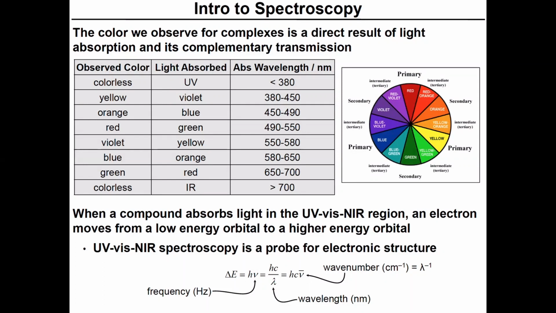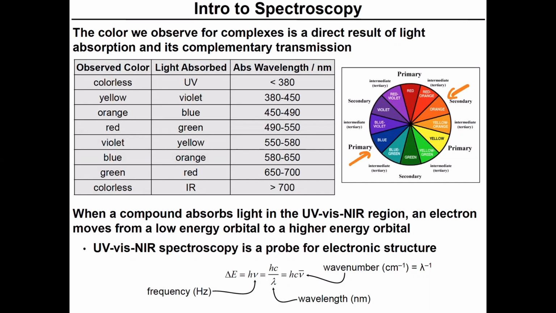So an example of this would be if you actually perceive blue color from a solution, chances are that that's resulting from the fact that you're absorbing orange, much like the color of the pen I'm using.